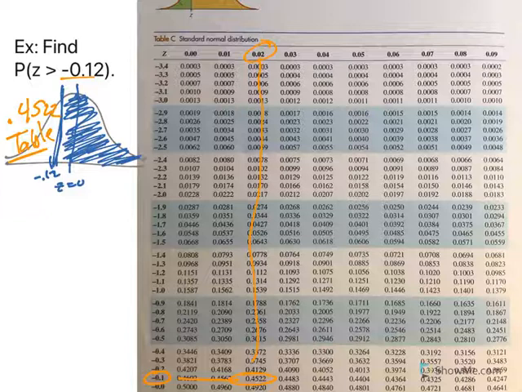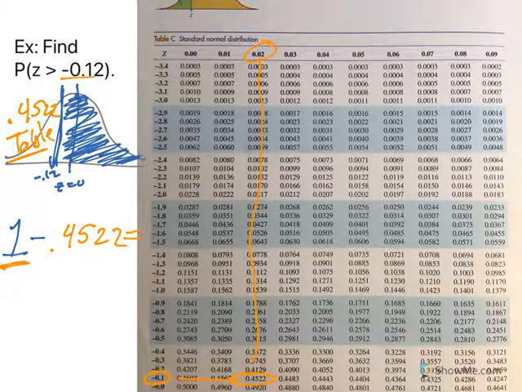I also think it helps if you draw the picture, because then you can put the area on the left and say, okay, how do I get the area on the right? Well, I take the whole thing, which is 1, and subtract the area on the left.